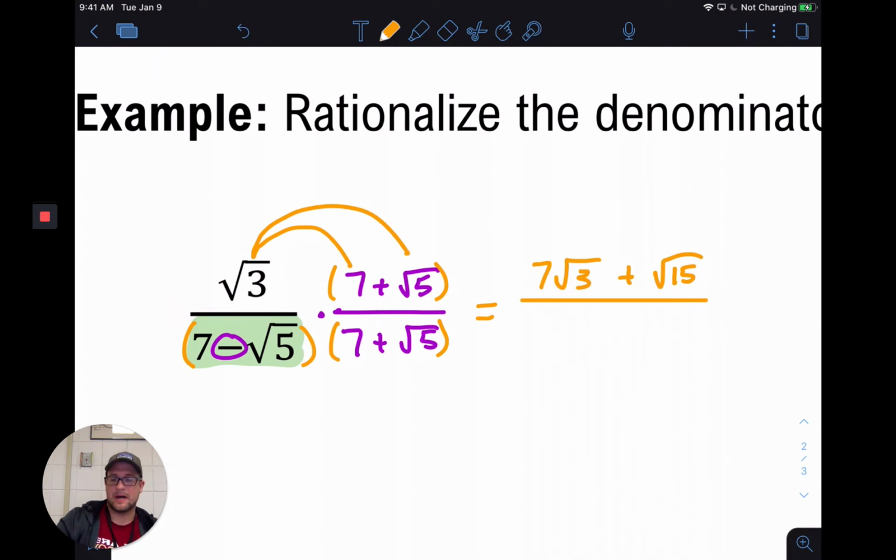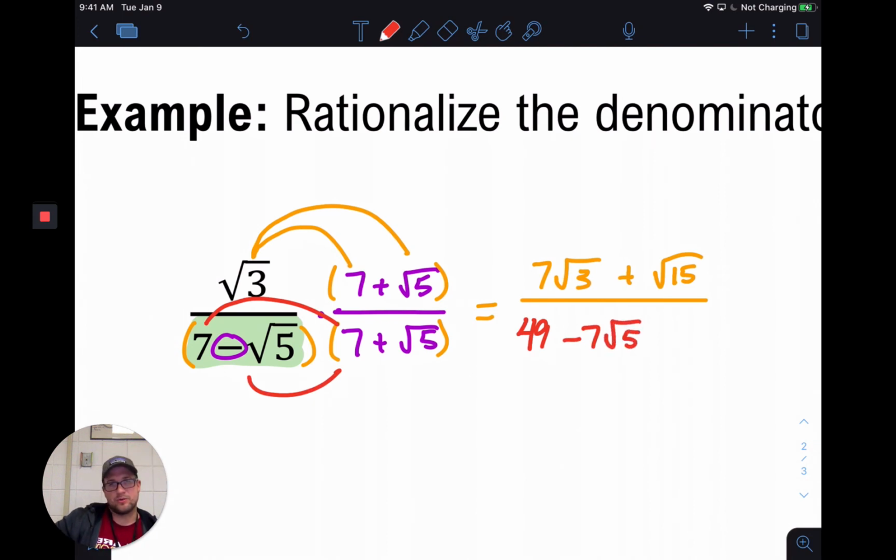Coming across on the bottom, this is where our multiplication will be a little bit more difficult. 7 times 7, both positive, will be 49. A negative square root of 5 times a positive 7 will be a negative 7 square roots of 5.